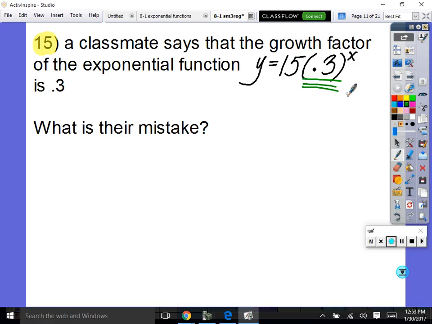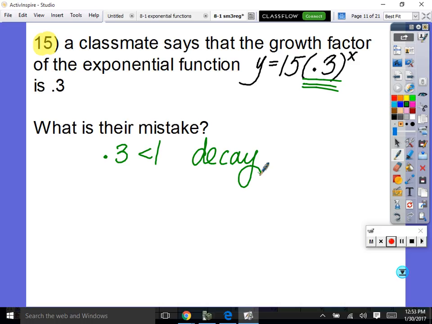That's the first thing. 0.3 is less than 1, so this is decay. But that's still not quite it. That is our decay factor, but how much is it decaying by? It's 30%, right?